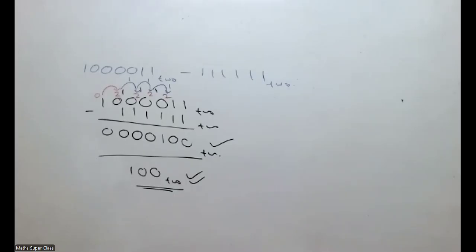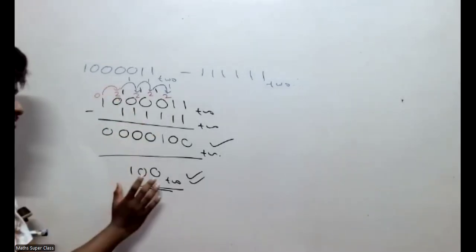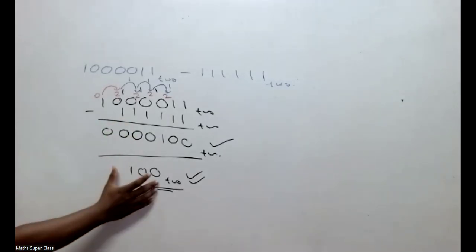Sir, if you don't put another 0, is it wrong? Uday, you asked about this answer. This answer is also correct. Both answers are correct. It's okay. Normally we are writing this one.